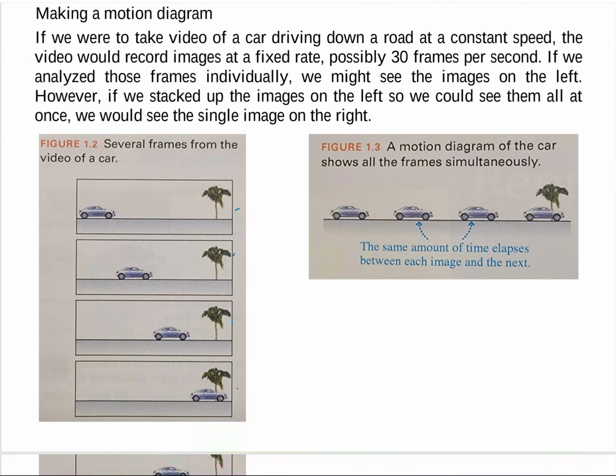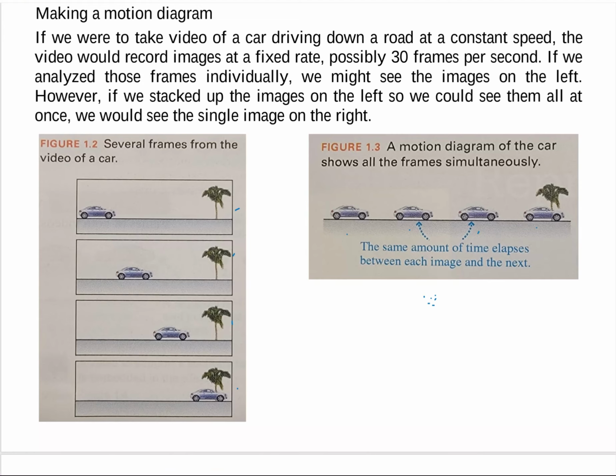Now, if we stack all those images up so that it makes one picture, just like we saw with the skier, we would potentially see something looking like this. Because the video camera was recording at a constant rate, 30 frames per second, at a consistent interval, we see this car, which was driving at a constant speed, at equally spaced intervals.